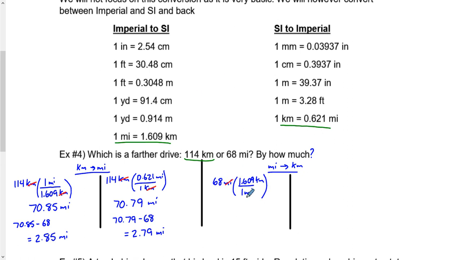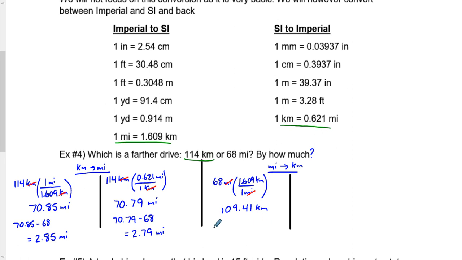The miles would cancel off in this one, and we would just be taking 68 and multiplying by the 1.609. That would be 109.41 kilometers. So again, we're confirming that 114 kilometers is farther than 68 miles.